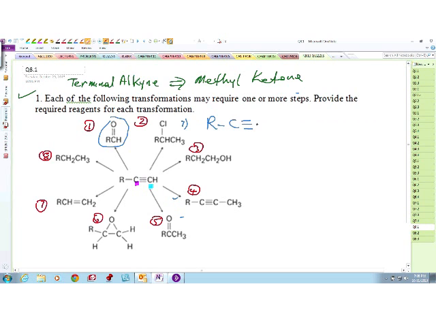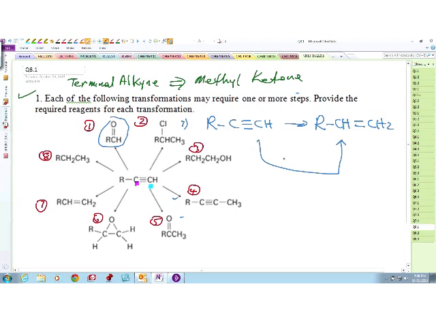Go from the carbon-carbon triple bond to an alkene. This should be easy. This is what we've been doing all evening. What reagent do you need for that? Exactly.